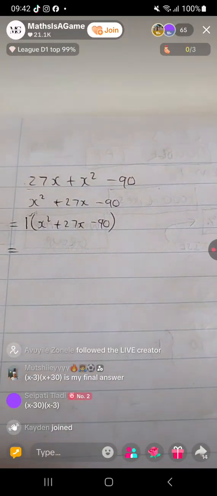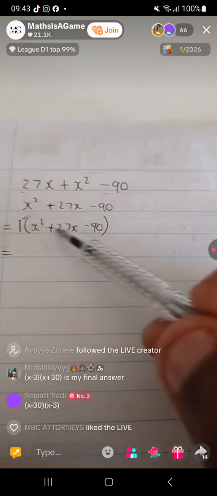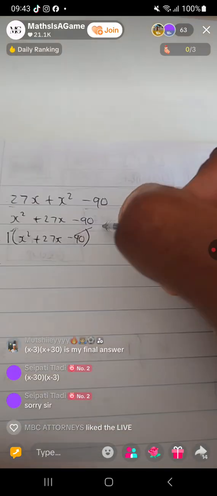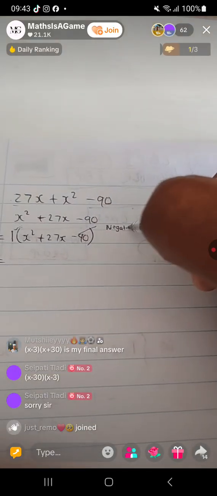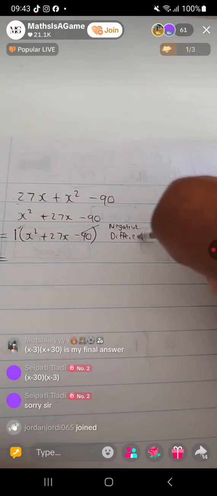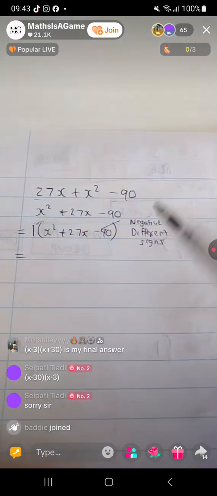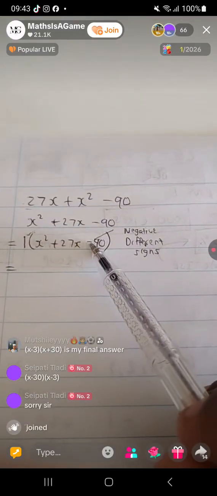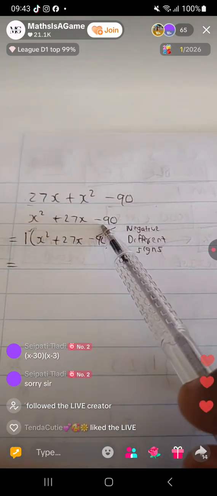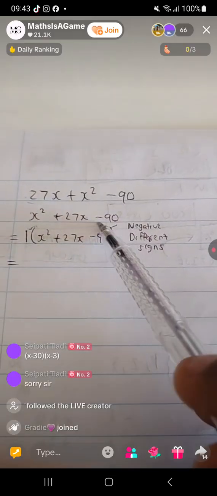Then officially and finally, when you conclude, you are going to come to your bracket. What is the last term? The last term is negative. What does that mean? Different signs. The last constant term is negative, after reordering the terms in the order that they are supposed to be: x squared term followed by the x term followed by the constant.